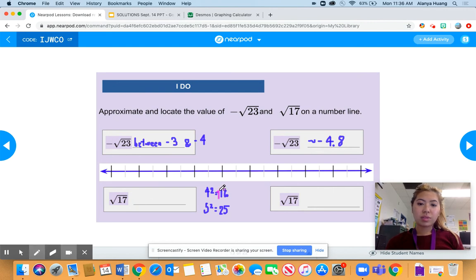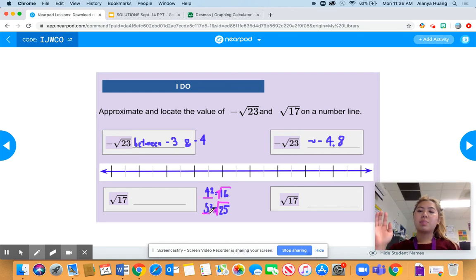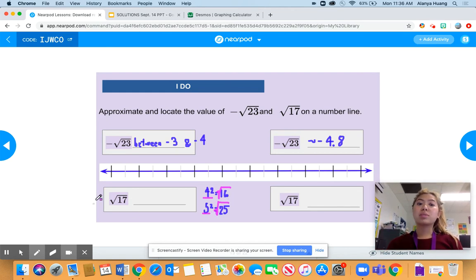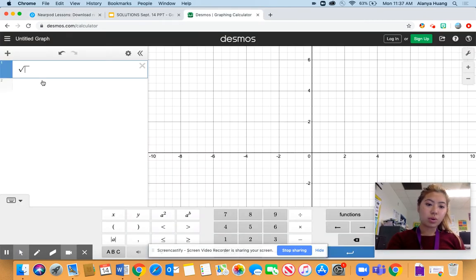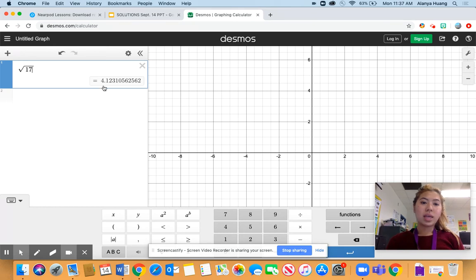So the square root of 16 and the square root of 25 would be the boundaries within which square root of 17 would be. And so that means square root of 17 would be between 4 and 5. If we use our Desmos calculator to figure out square root of 17, we see that it's about 4.12 if we're rounding it to the hundredths place.